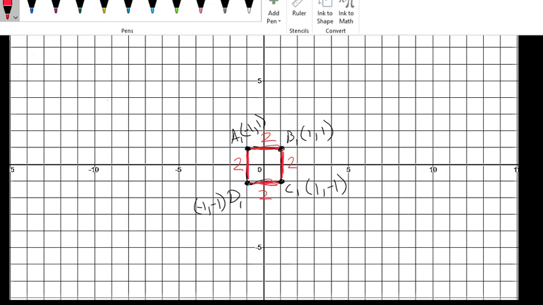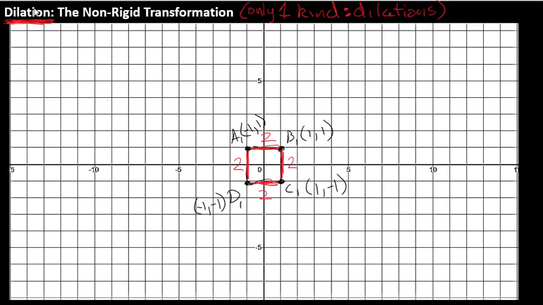Now, what if I wanted to make this square larger? So instead of 2 by 2 by 2 by 2, what if I wanted it to be, I don't know, 6 by 6 by 6 by 6? Okay? Let's see what that looks like. So what I would basically do to perform a dilation, right?